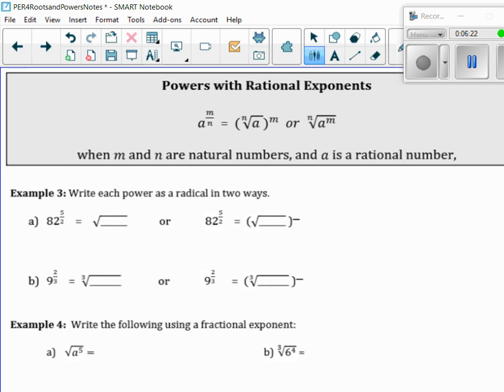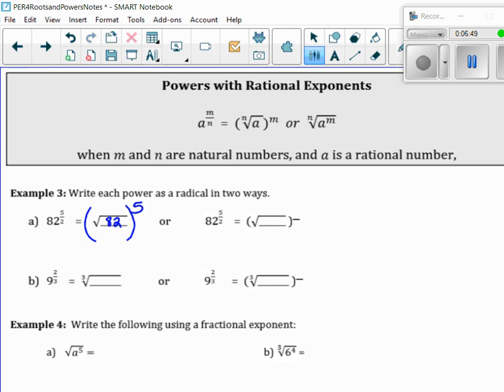So we have 82 to the power 5/2. They're just wanting you to write it 2 different ways. They're not expecting you to calculate it, because 82 is not a nice little number to work with. But anyways, does everybody see that the 2 is the same thing as a square root of 82 to the power, what? 5.